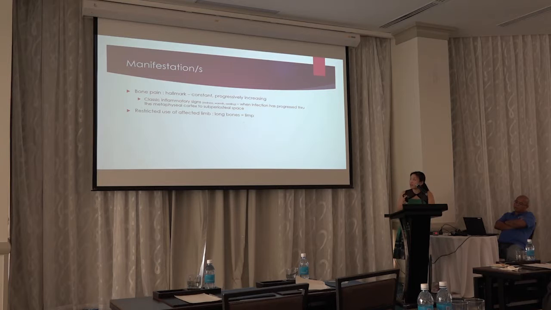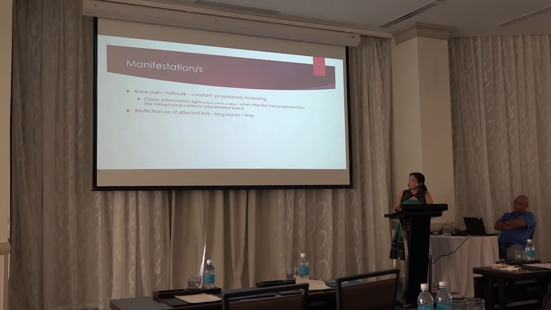So in terms of manifestations, bone pain is hallmark. It's a kind of bone pain that's constant and progressive, and in children it limits them from moving that particular affected joint. You can imagine the reason why usually they develop a limp, because again the bacteria sets up shop in the long bones, and that's what gets affected initially, and then they develop that limp because it becomes really, really painful.